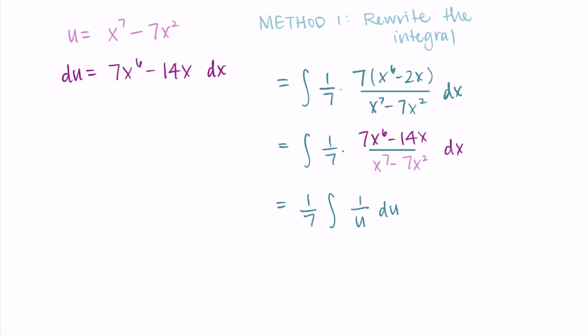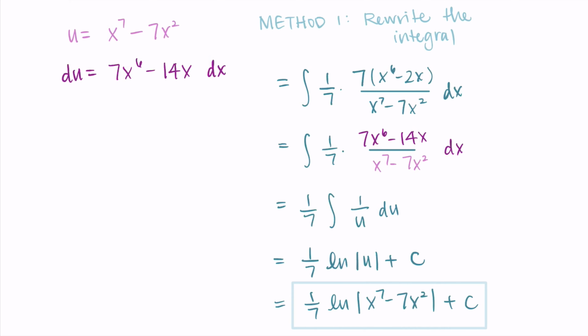So the antiderivative of 1 over u is the natural log of the absolute value of u. So I'm getting 1/7 natural log of the absolute value of u plus c. And to wrap it up, I just need to substitute back in for u. So u is equal to x to the 7th minus 7x squared, and this gives me my final solution.